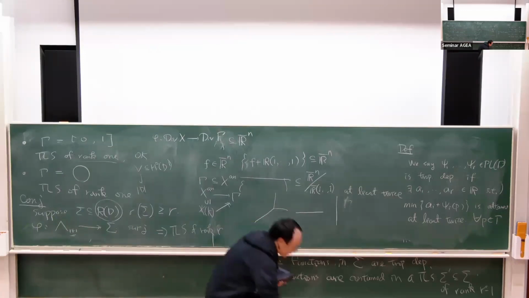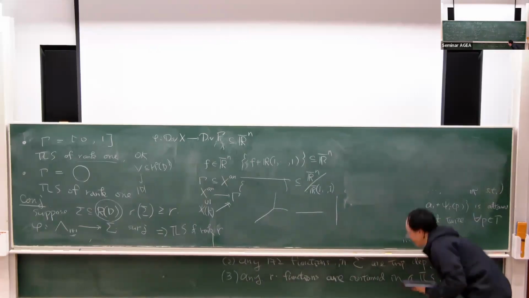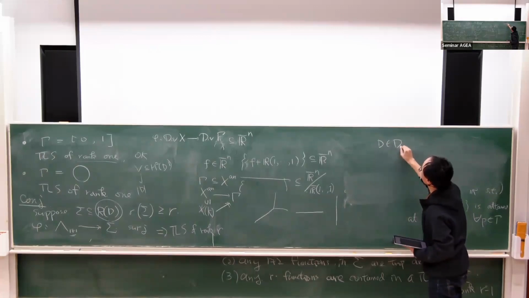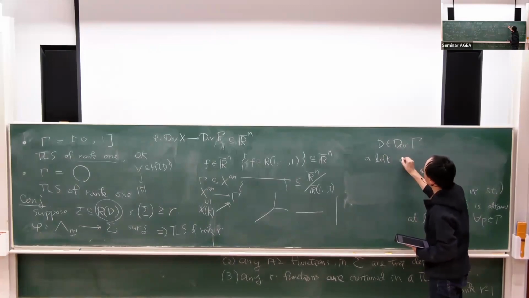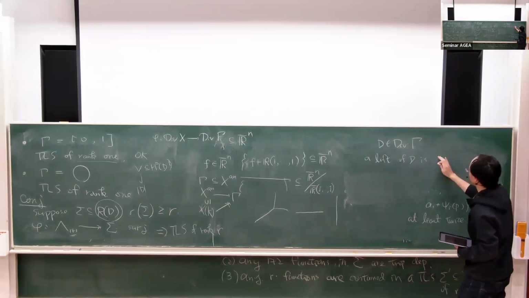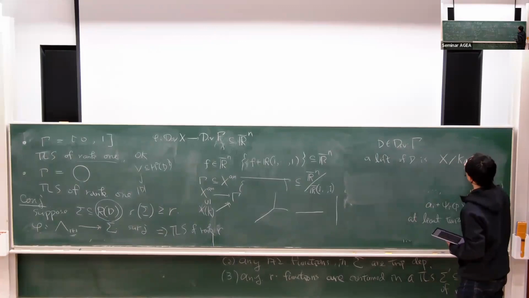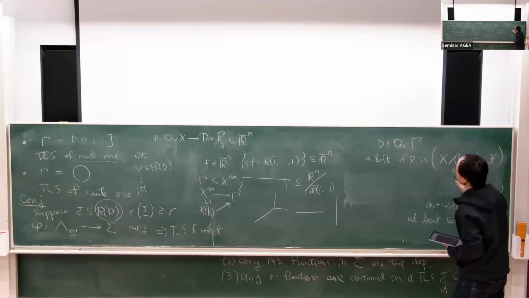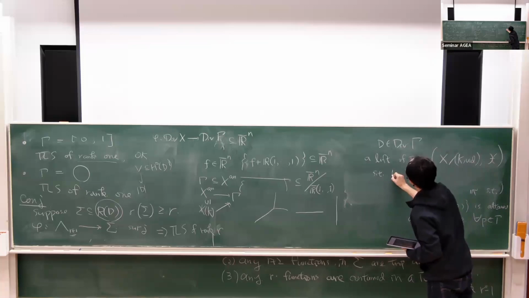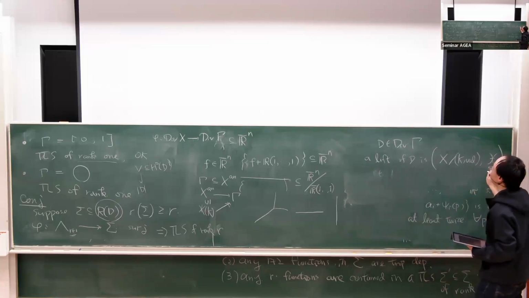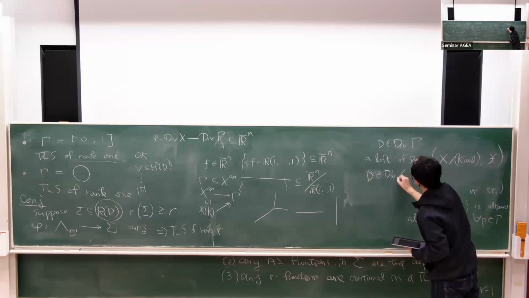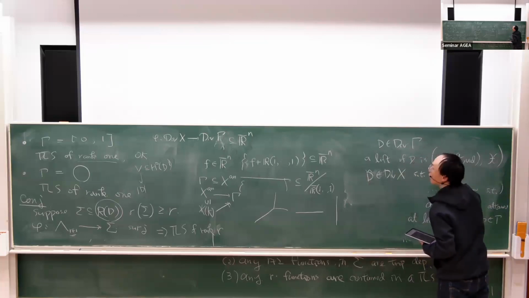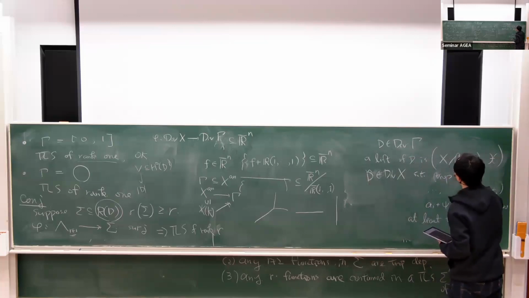By lift, I mean, if you have a divisor on a graph, a lift of D is again a smooth projective curve over some complete valued field, which is algebraically closed, with some semistable model such that the dual metric graph is this Gamma, and you have the divisor D, which is the preimage, such that the tropicalization of D is D.